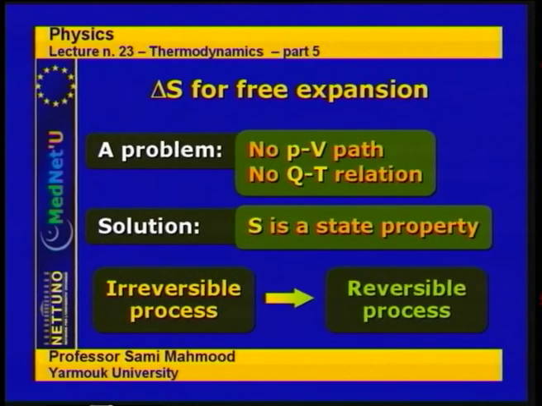So we will replace our irreversible process, which is the free expansion of the gas, by a reversible process, because for a reversible process, we can always plot a PV diagram. So we make this replacement in order to be able to solve the problem.